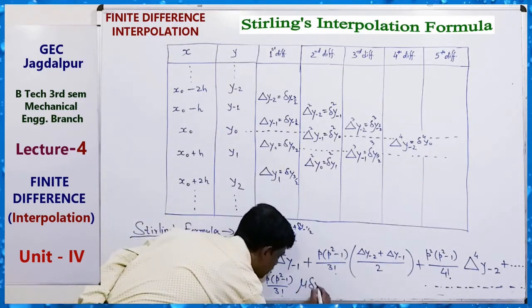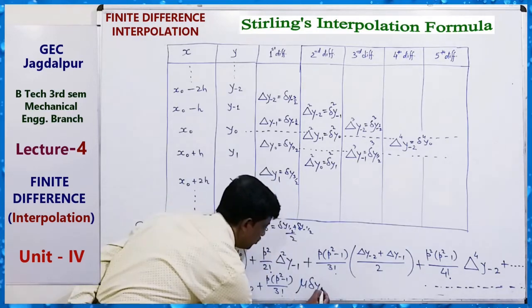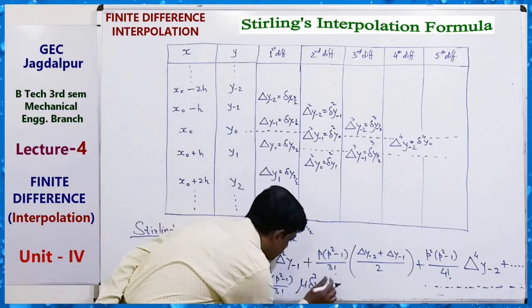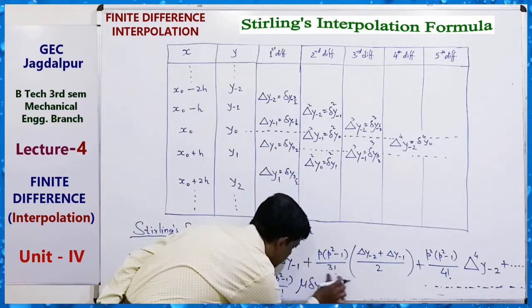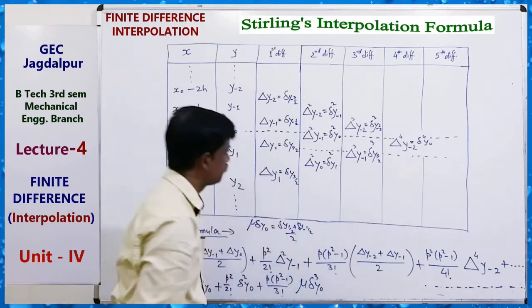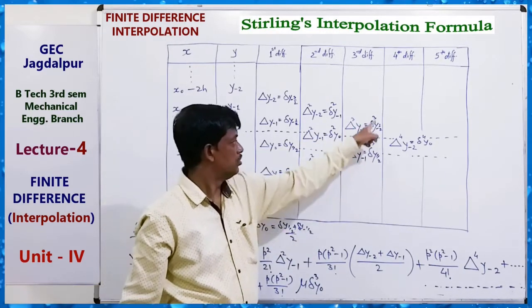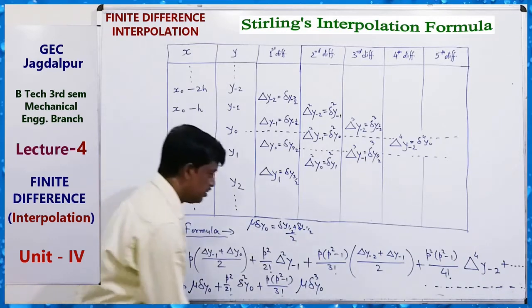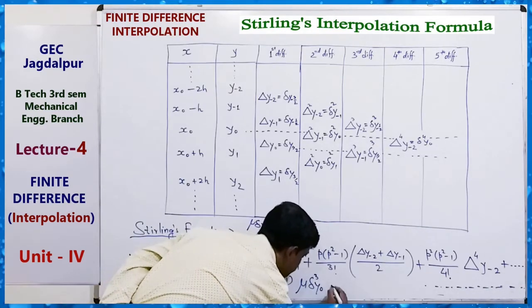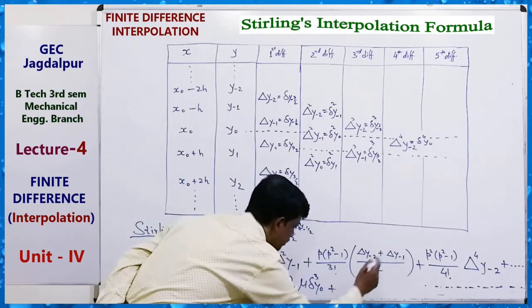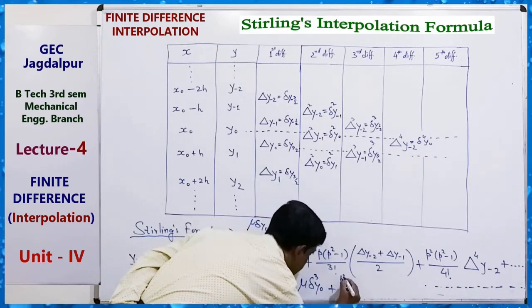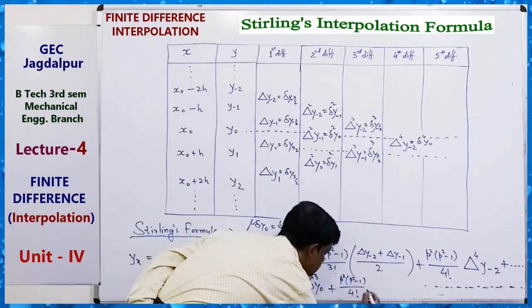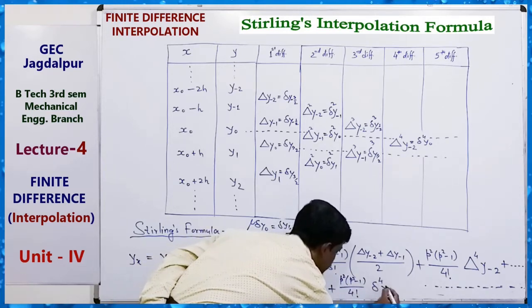Average of delta cube y0, that is mu delta cube y0. Plus p square minus 1 by 4 factorial, this is delta 4 y0.